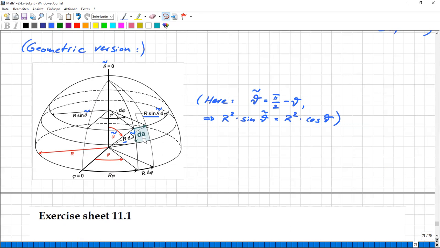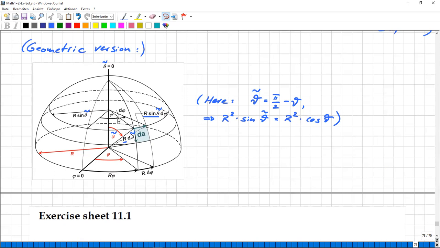It means in the end, this is a geometrical explanation why the differential area on a curved spherical surface has a correction factor, geometrically visible, of r squared times sine of this theta tilde angle here. In our nomenclature, in our way of naming it, it's r squared times cosine of theta. But where does it come from? Try and see it.